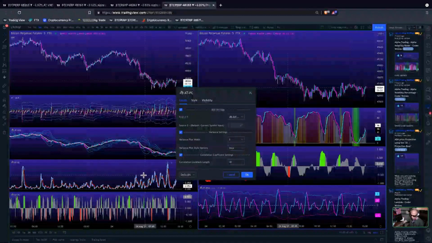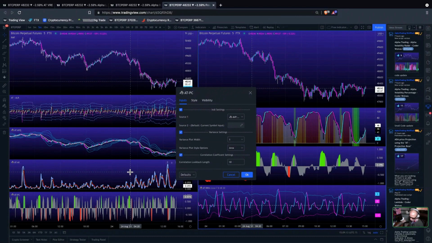If you're using an indicator like variance and you have variance set to a 5, set your correlation look back to a 5. If you have variance set to a 10, because you want to smooth out that variance a little bit, right? Maybe you're swing trading. You don't want to scalp trade. You want the variance to tell you, hey, variance is still rising. You leave it on a 10.